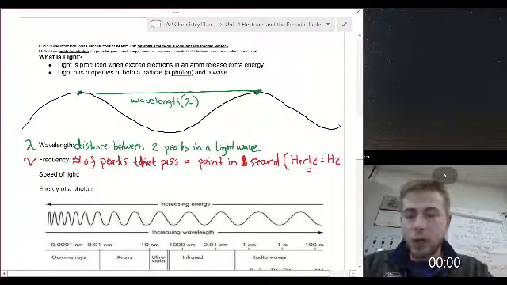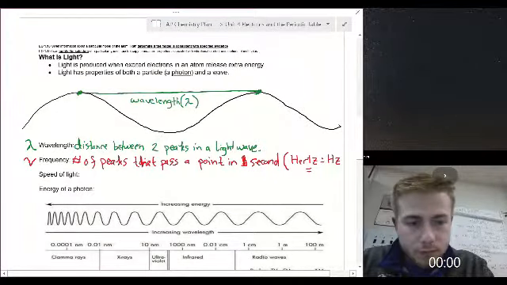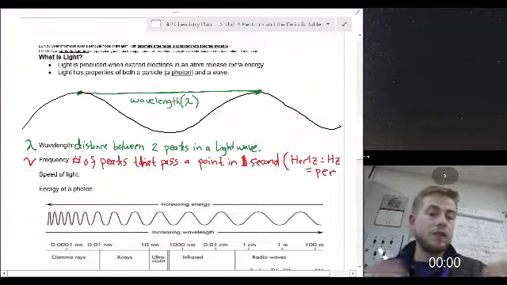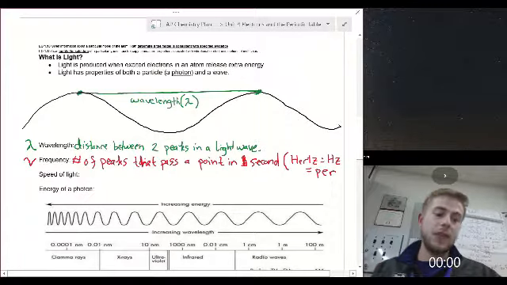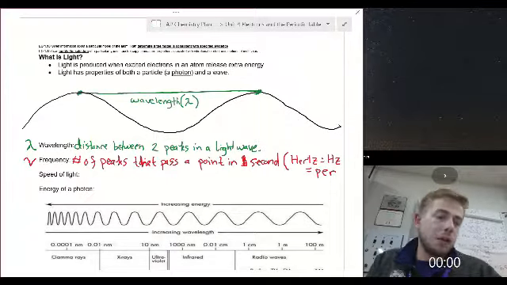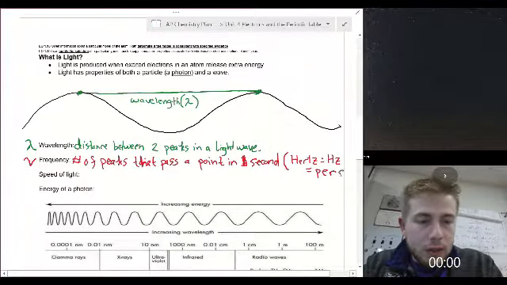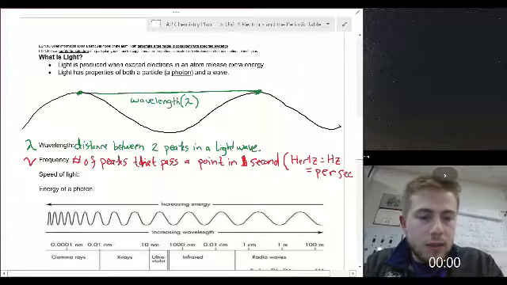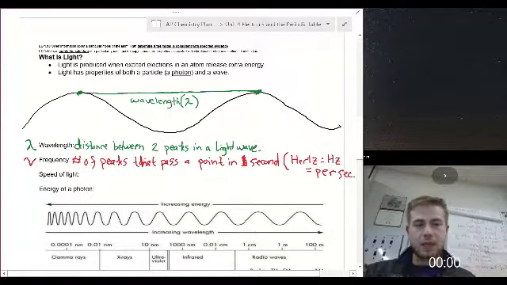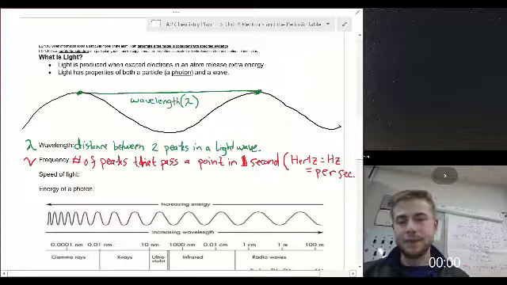It's actually per second. So if something is 3 hertz, it means it's 3 of something per second. Okay, per second. And I'll abbreviate second, SEC.